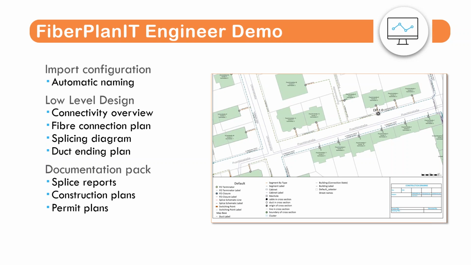Then also we'll look at the results of a low-level design which is fully connected, we can look at the connectivity overview, verify the full attenuation loss, full connectivity from central office to each building. We'll look at a couple of diagrams and plans we can get from the tool.